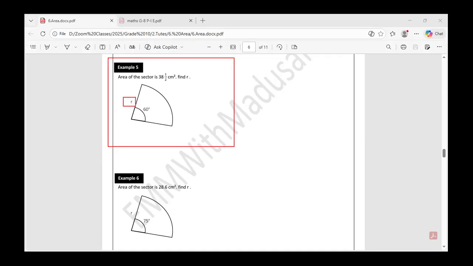Sindhu is saying square root of 73.5. I was expecting some kind of an answer like this.